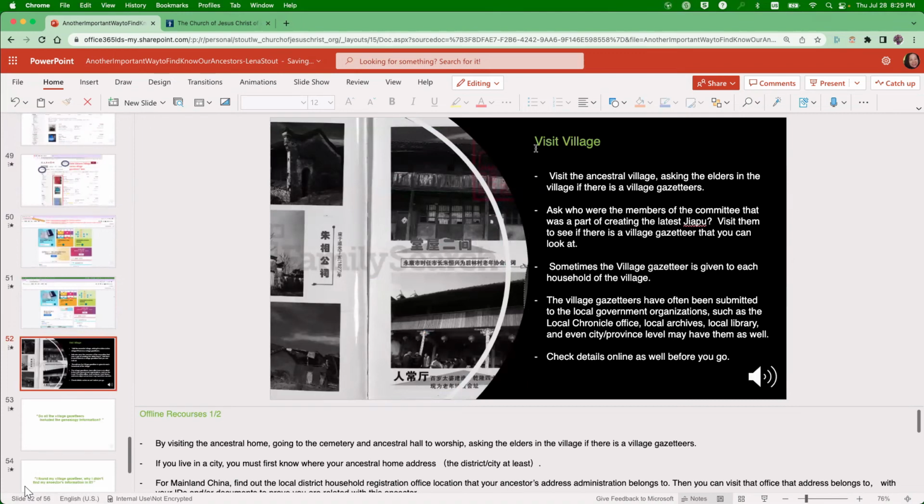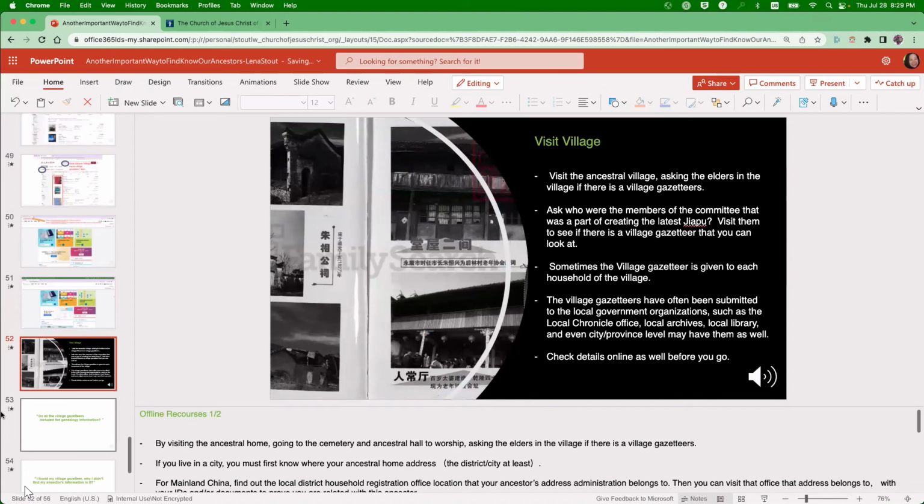The best and fastest way is to just visit the village. You go to China to get a jiapu, and next time you go there, ask for a village gazetteer. Mostly Guangdong and Fujian villages have a village gazetteer.